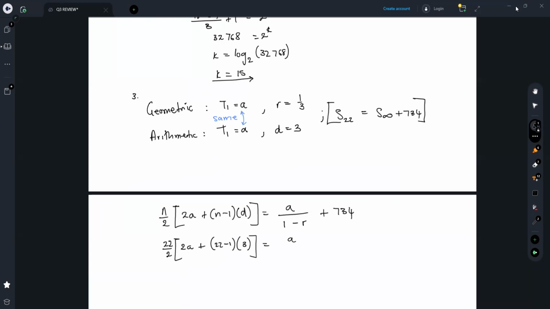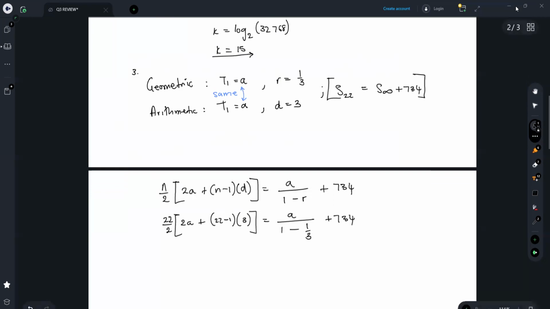And here we have a, we do not know the value of a, that's what we're looking for, over 1 minus r, and here we were given that r is 1/3, plus 734. Now this is the part where you have to play with your math skills. It's nothing hectic. You can just multiply through, break the brackets wherever you have to, and then combine like terms.